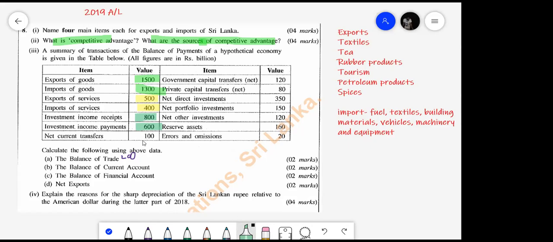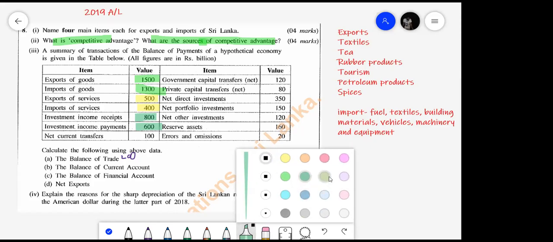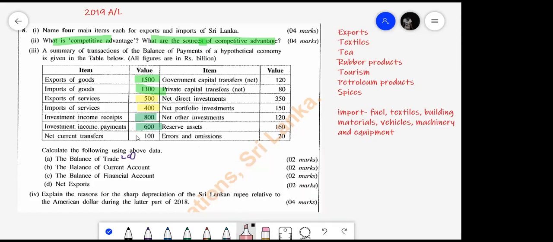Net current transfers, these are secondary transfers. You can consider that as well. So they have given the net value. Is there anything else? Government capital, private capital, no. If non-monetary gold is given, guys, that will come in the trade account. So always remember credit minus debit.